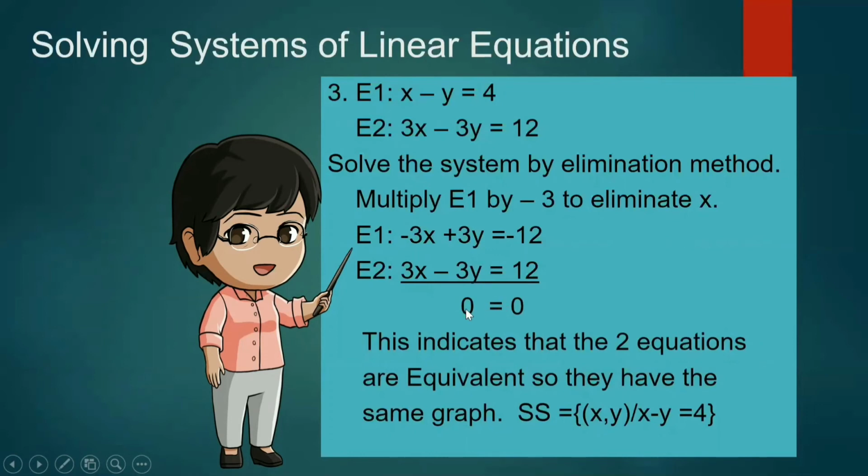So the result is 0 equals 0. This indicates that the two equations are equivalent, so they have the same graphs. And the solution set is a line of solution represented by all the ordered pairs (x, y) such that x minus y is equal to 4.